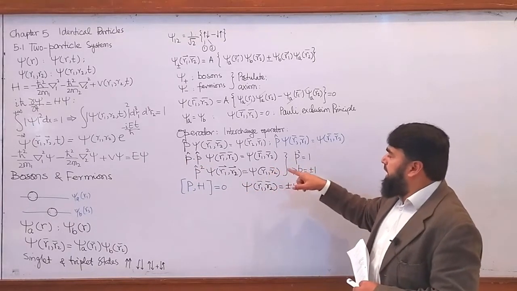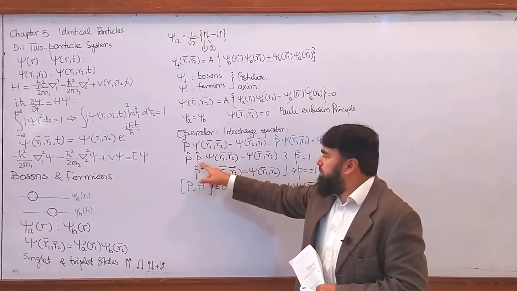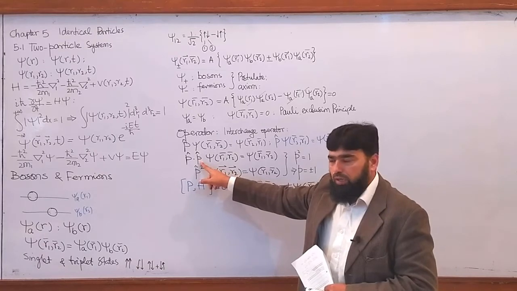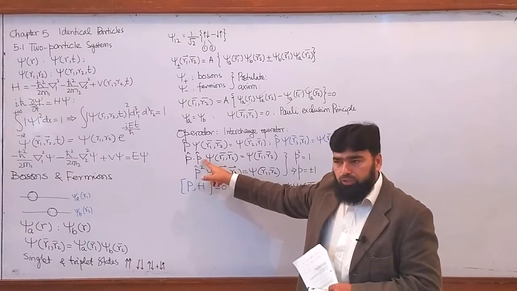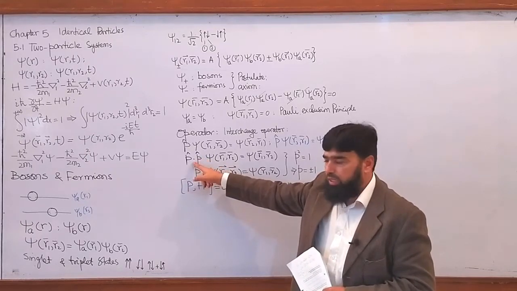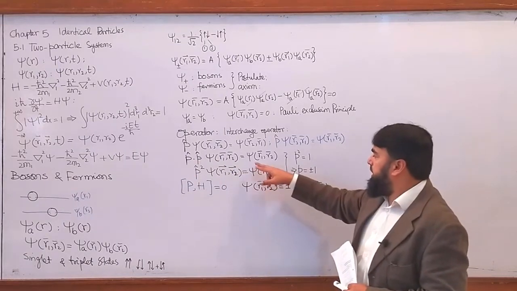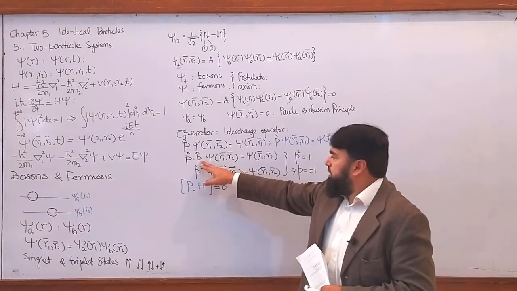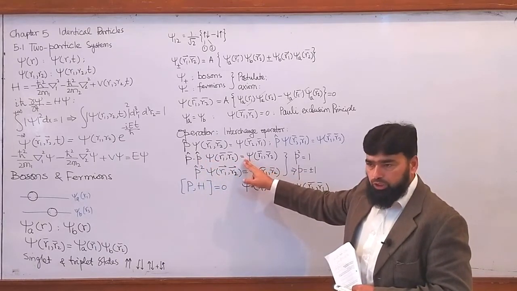So from here I saw that the P double operation, now these are operators, and operators you will have to multiply as a dot, as an inner product, as a scalar product. So P square, when it operates on psi, makes no change.